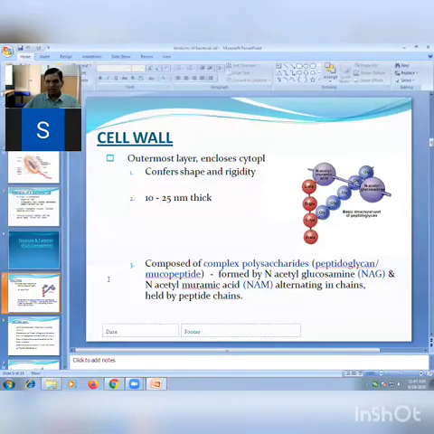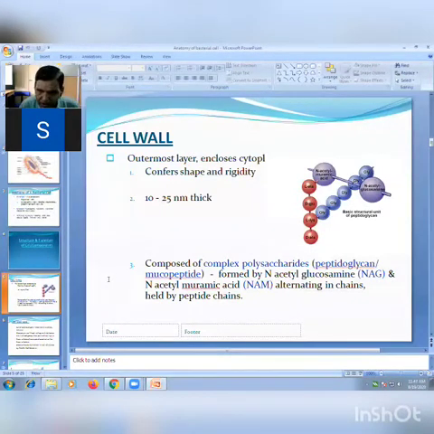One peptidoglycan molecule consists of N-acetyl glucosamine (NAG) and N-acetyl muramic acid. These two sugars are attached to each other with a glycosidic bond. Also, a tetrapeptide side chain is attached to the N-acetyl muramic acid.